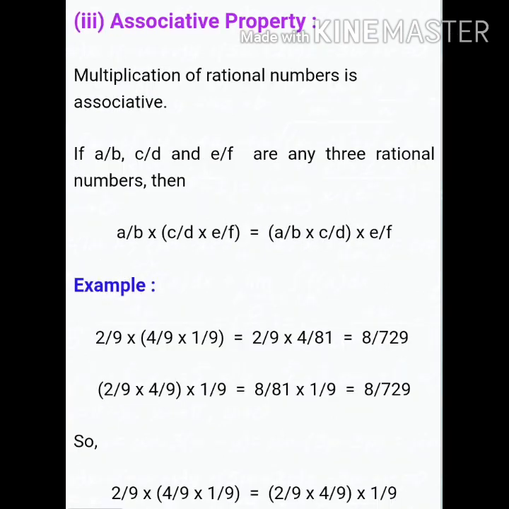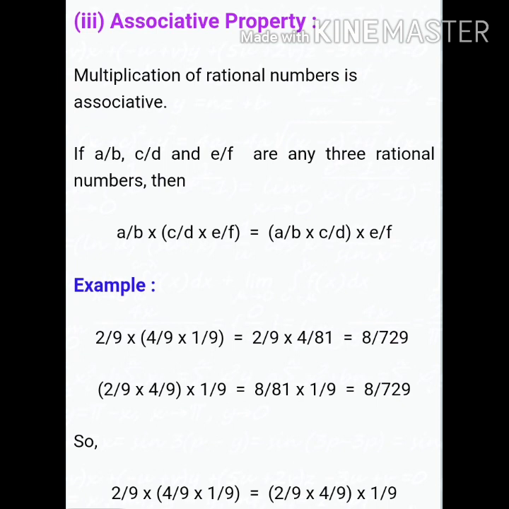Next property is the associative property. If a over b, c over d and e over f are any three rational numbers, then a over b multiplied by (c over d multiplied by e over f) is equal to (a over b multiplied by c over d) multiplied by e over f. Let's see the example.